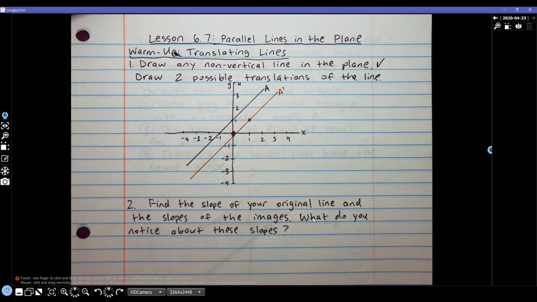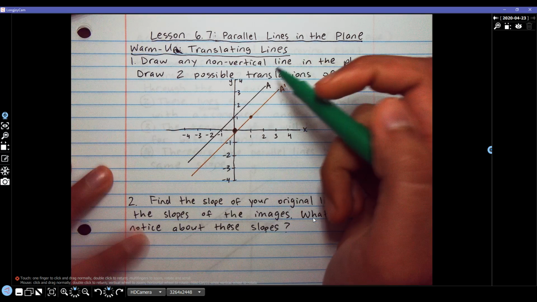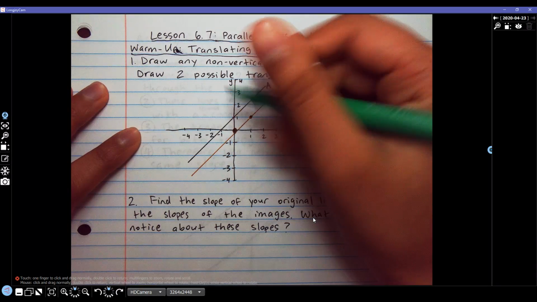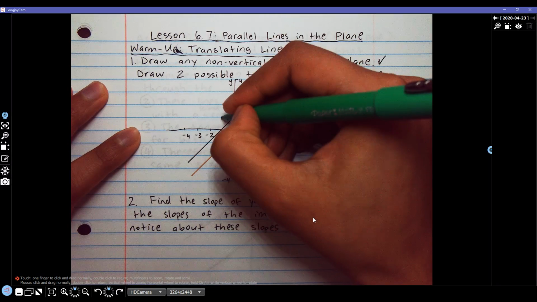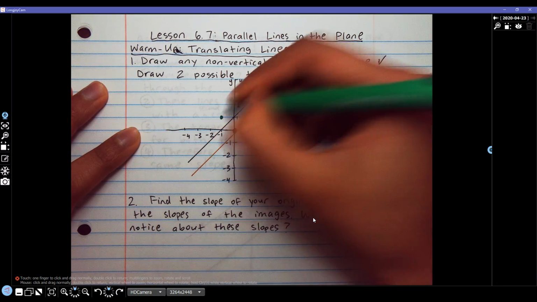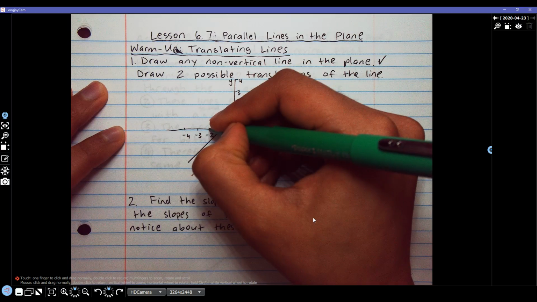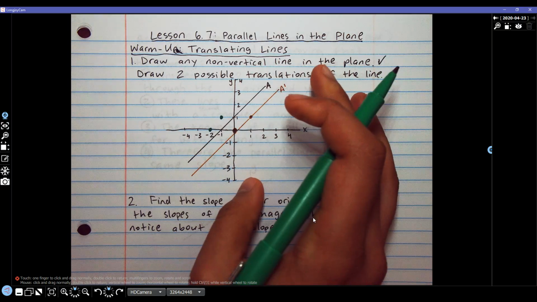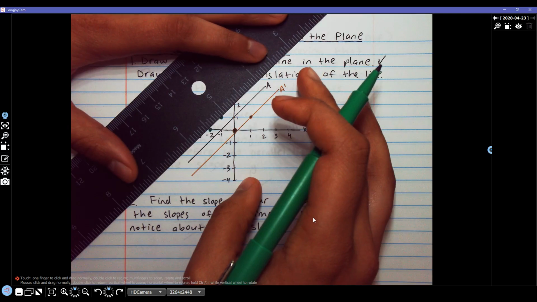And then I'm going to do the next translation as a shift to the left 1. So our point (0, 1) here will shift over here, and then our point (-1, 0) will shift to (-2, 0). And then I am going to draw this line.